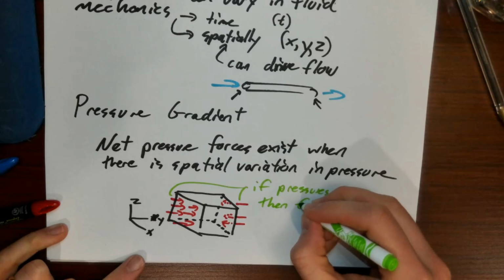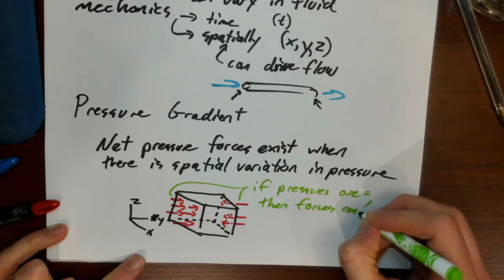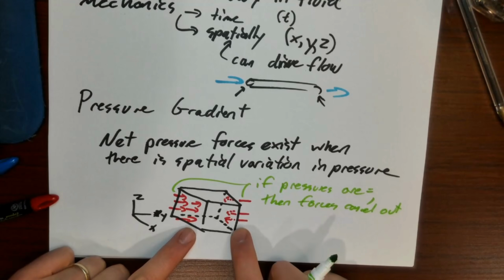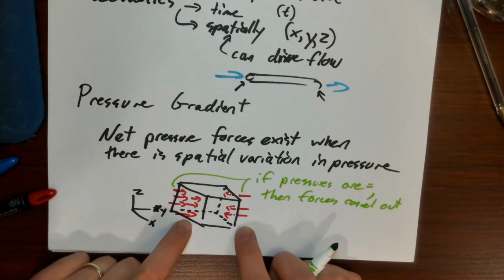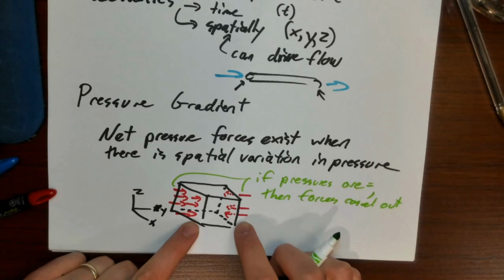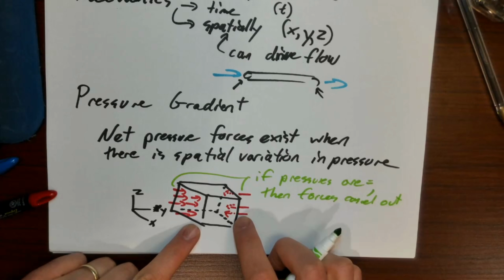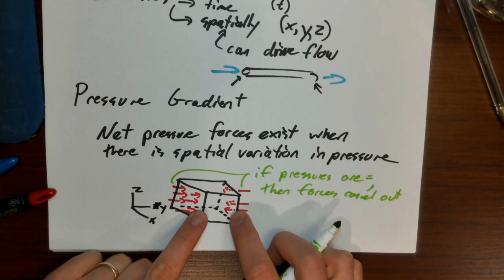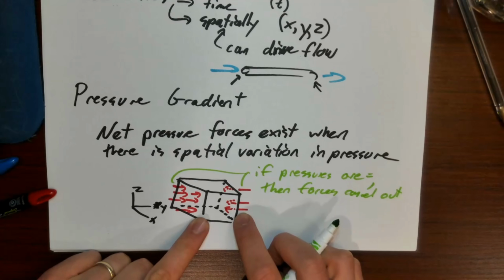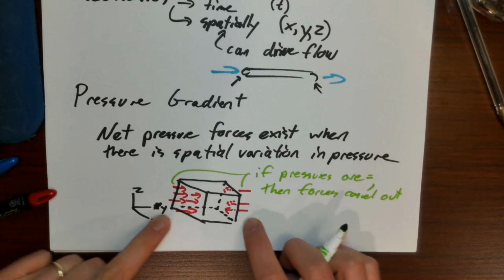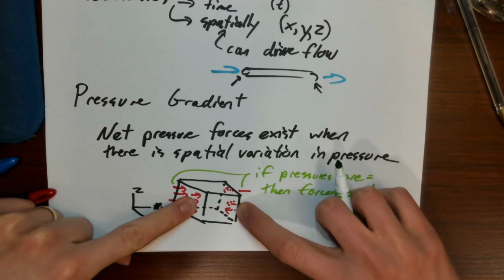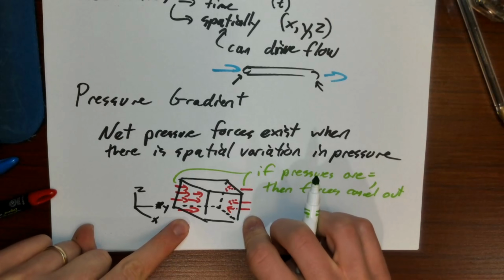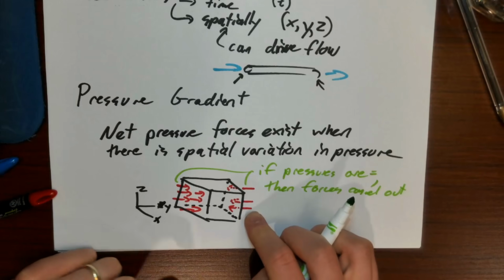Then the forces cancel out. And this is true no matter what the magnitudes of these pressures are. I could be in a near vacuum in space, and the forces could be two small forces equally canceling out, or I could be at the bottom of the Pacific Ocean, and these two pressures could be huge, but unless there's spatial variation in the pressures, I don't end up getting any sort of net force.